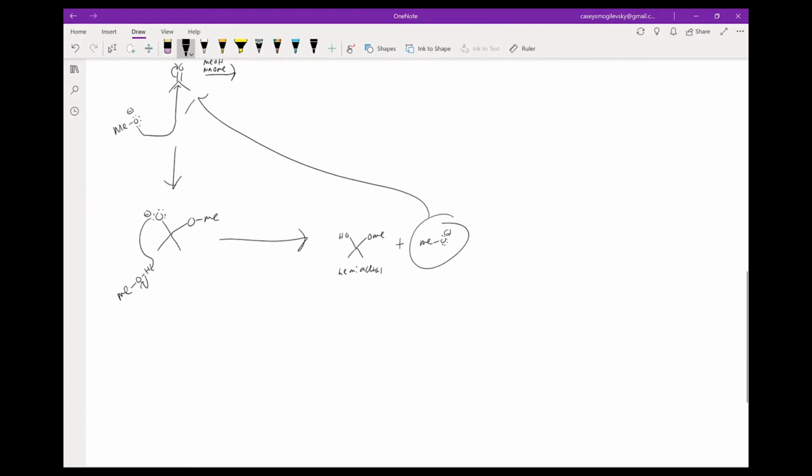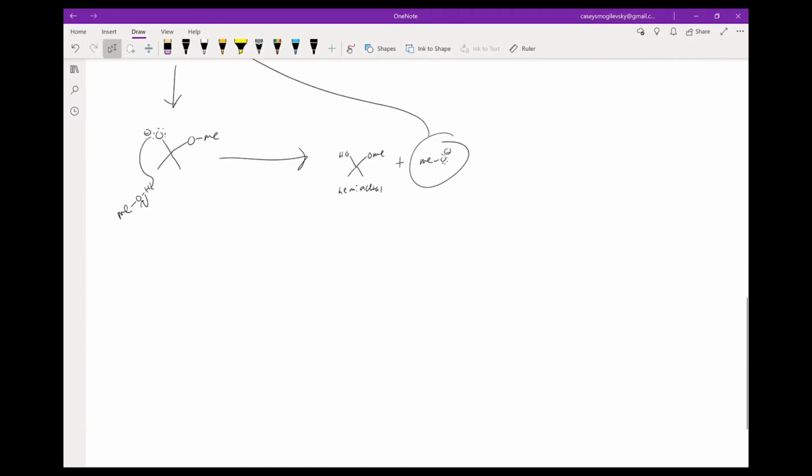Another interesting thing is that base catalysis will only afford you the hemiacetal. You can never make the full acetal from base catalysis. And why might that be? Well, because you don't ever have a good leaving group by which you can do an SN2 reaction, for example, or an SN1 reaction, because this OH here is just not a good leaving group.